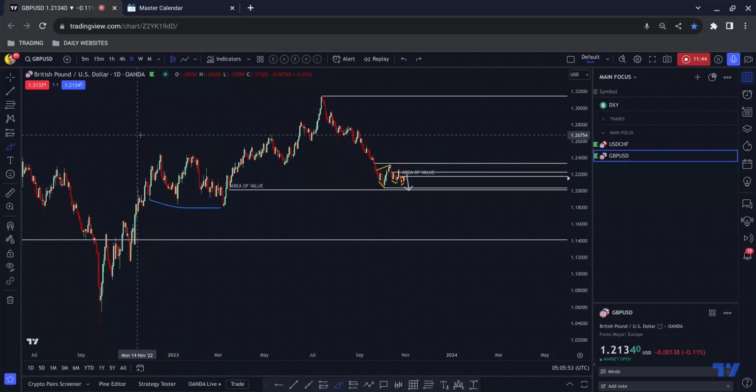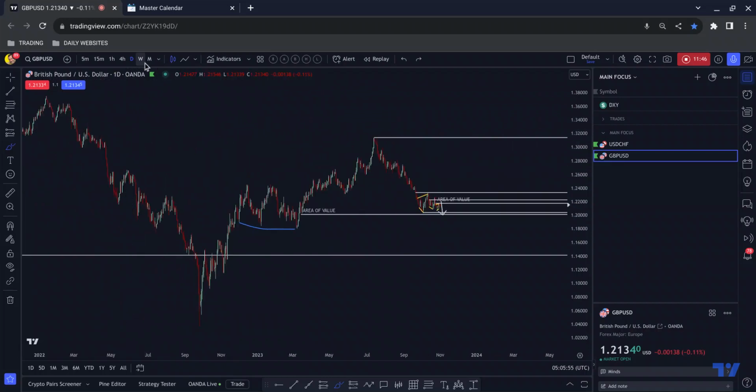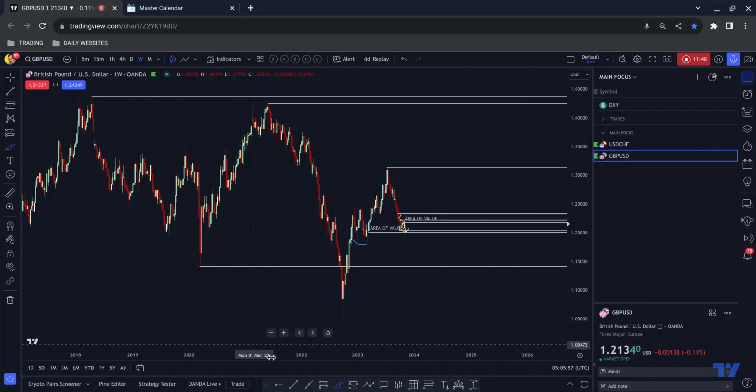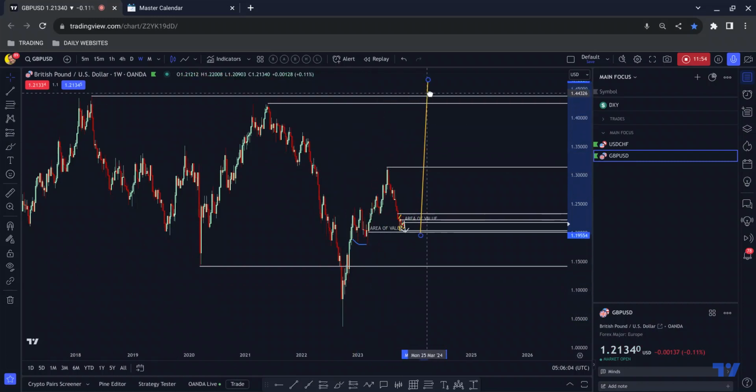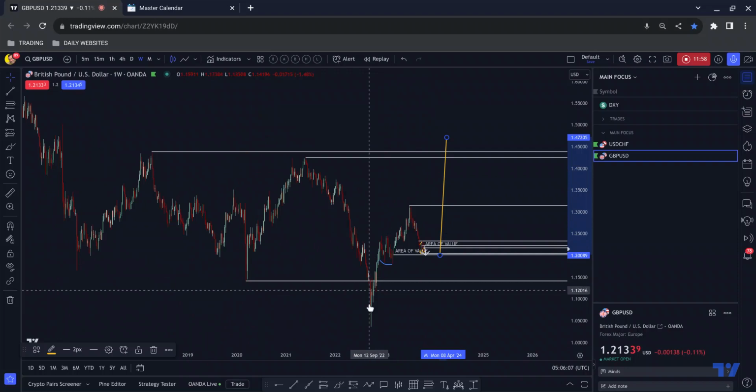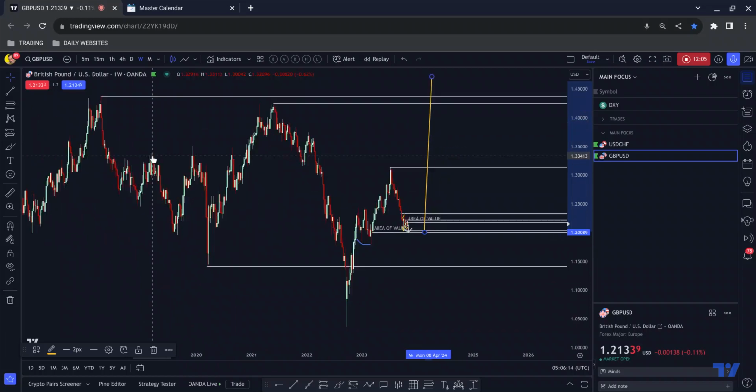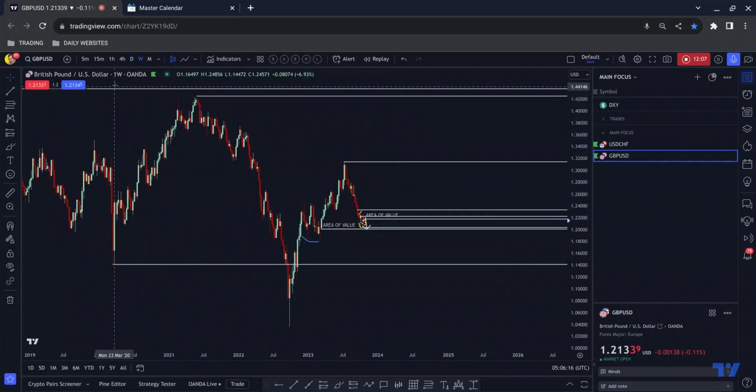But what we do have, okay, if I'm just going to zoom out ever so slightly, what we could be seeing, if I just measure this impulse here and take it to where I would be looking for price to move down to, so if this was an impulse correction continuation, that would take us up to these highs to take out that high that I just mentioned a moment ago.